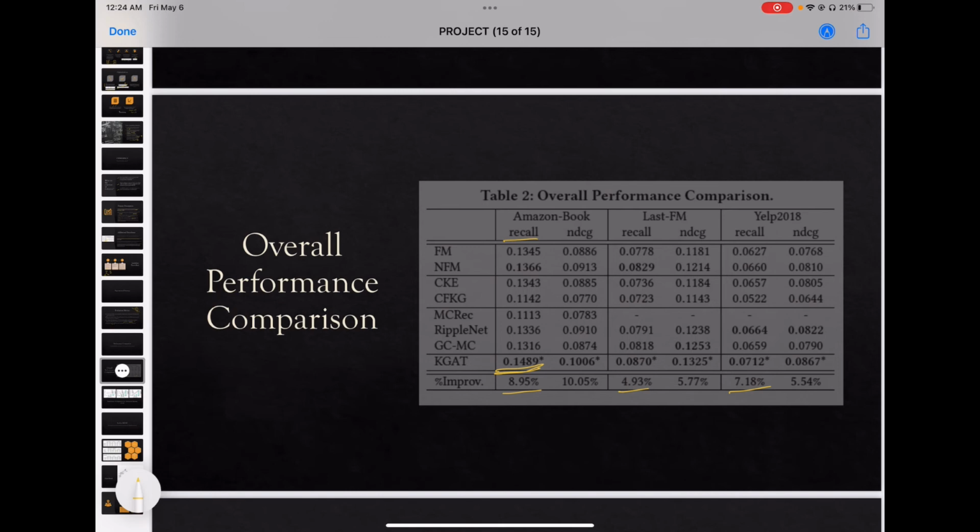By stacking multiple attentive embedding propagation layers, KGAT is capable of exploring the high-order connectivity in an explicit way so as to capture collaborative signal efficiently. This verifies the significance of capturing collaborative signal to transfer knowledge.